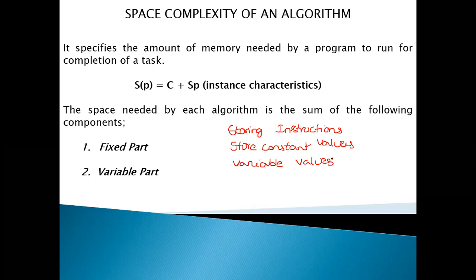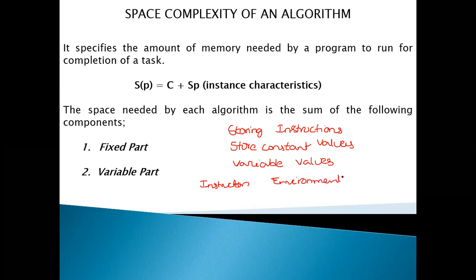The first one is instruction space. Instruction space means the space required to store instructions. The second one is the environment stack. This is the memory used to store the details of partially executed functions.